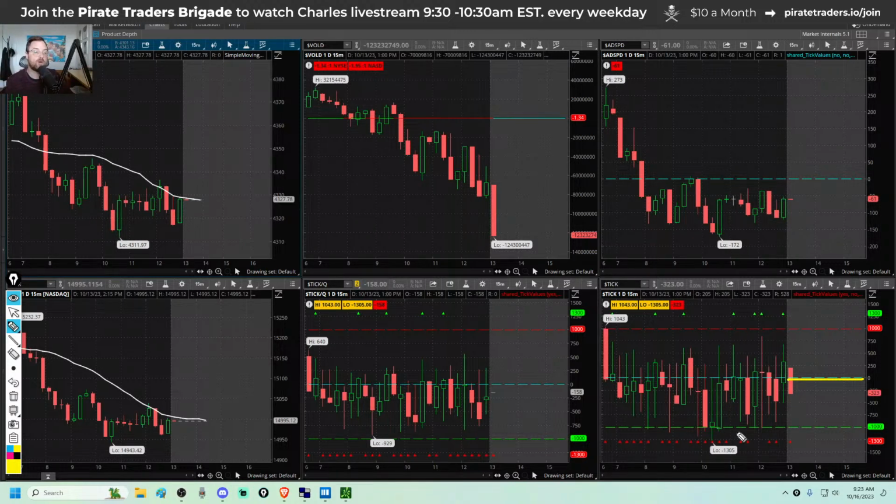So let's say, for example, the ticks are moving higher and the price of the market is moving higher, right? And then the ticks get to the zero line and the market is right at, say, a resistance level. And then boom, the ticks try to get above and they get smacked right back down below that zero line again.